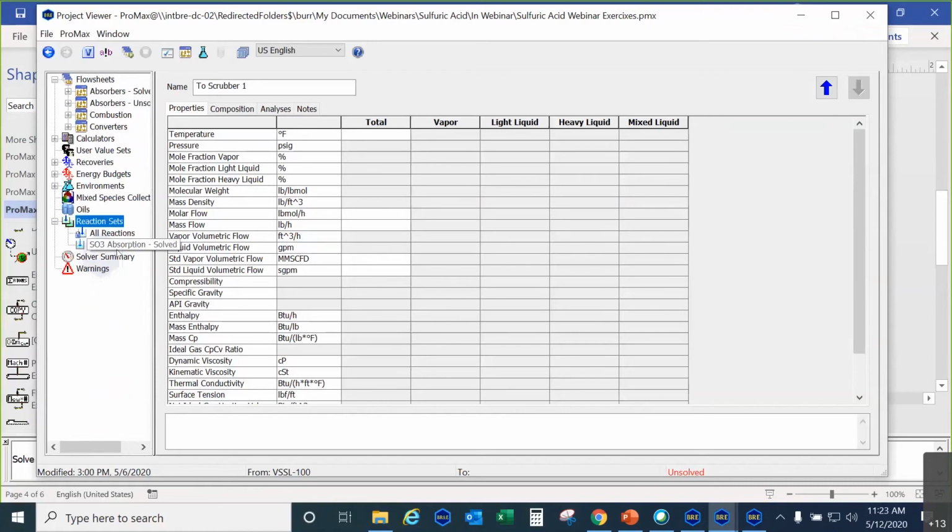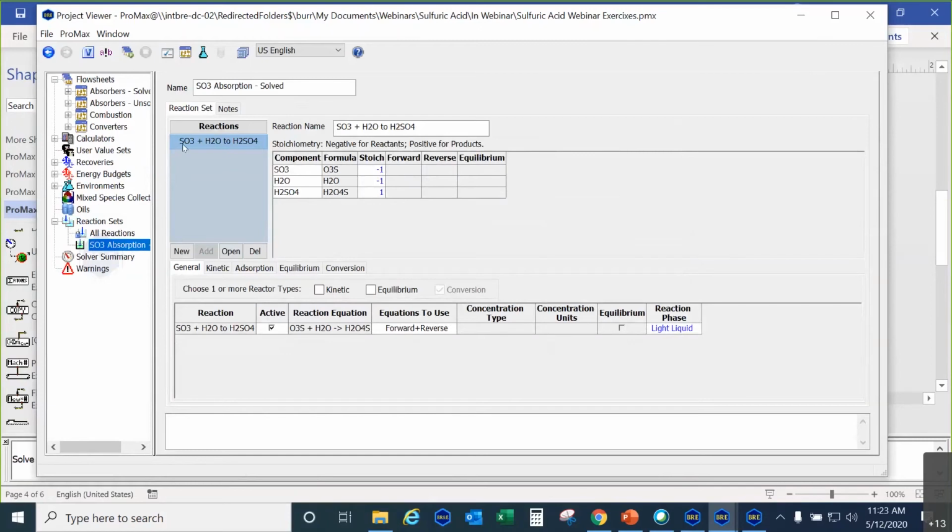I've already created the reaction set for the solved case. So we can double click in here and we can see that it has this reaction included within the reaction set. A reaction set can contain several different reactions. A lot of times there are parallel or series reactions, and you want several reactions to exist in a reaction set that one reactor, a distillation column or reactor, will use.